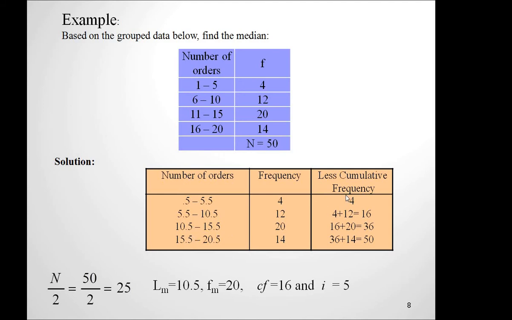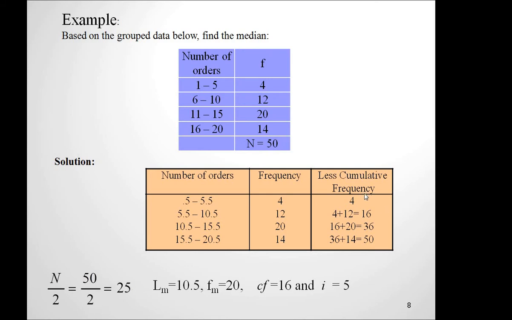Step 2 is to obtain the less than cumulative frequency. We can obtain it in this fashion: 4 as it is, then 4 plus 12, 16, 16 plus 20, 36, 36 plus 14, 50. Step 3 is to identify the median class. For that we first obtain n by 2, that is 50 divided by 2 equal to 25.